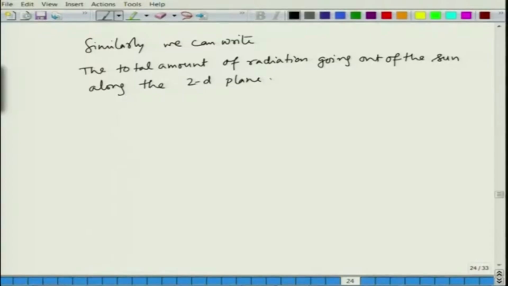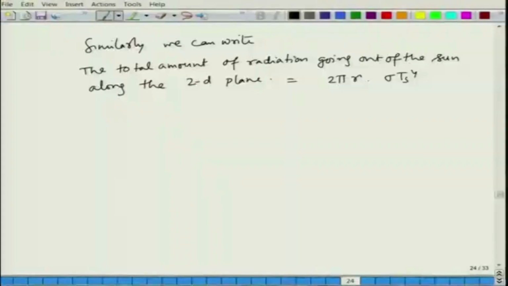That would be 2 pi r into sigma Ts to the power 4. 2 pi r is what? The circumference of the circle. Earlier we used 4 pi r square, which is the total area of the sphere. In this case, we have to take the circumference of the circle, and that is 2 pi r, where r is the radius of the sun. And the rest, sigma Ts to the power 4, remains the same.